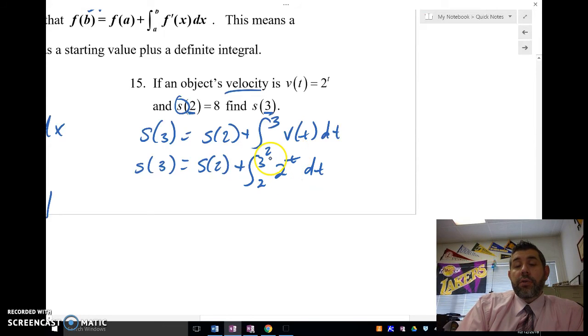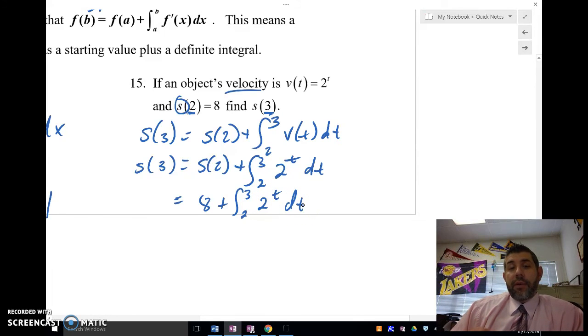Now, we haven't covered in my class yet how to do this integral when we have an exponential like this, so we're just going to use our calculator. We know s of 2 is 8, and we can do all of this in the calculator at once, which is what I recommend.